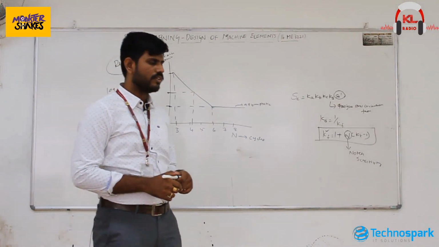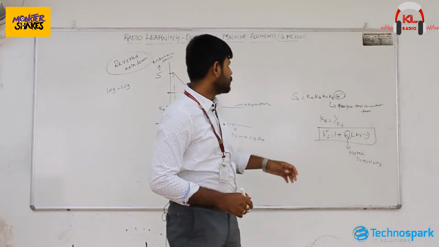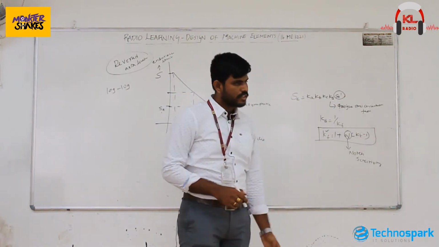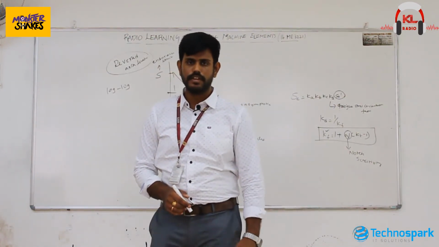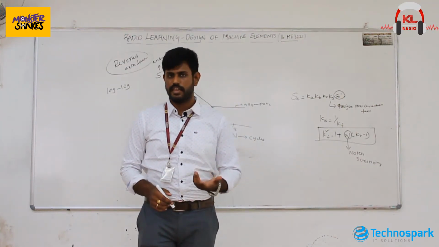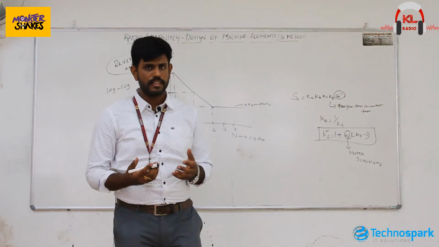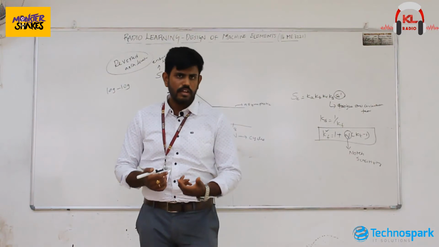Whenever you are asked to find using reversed axial loading, you have to use this particular formula and find the endurance limit. From the endurance limit we will find the stress, or else the area required, the thickness or width of a plate that can withstand that particular fatigue loading.